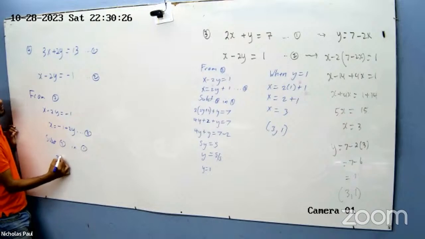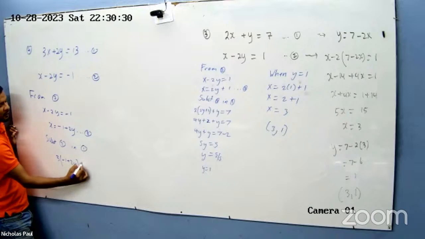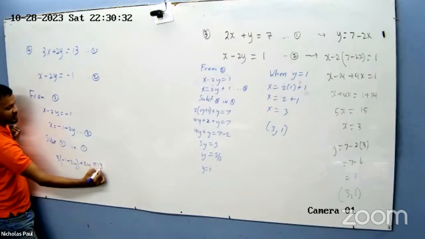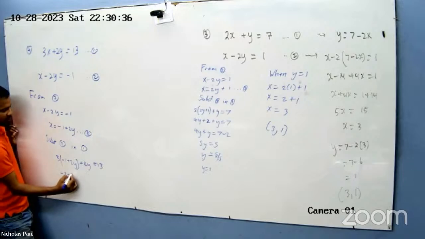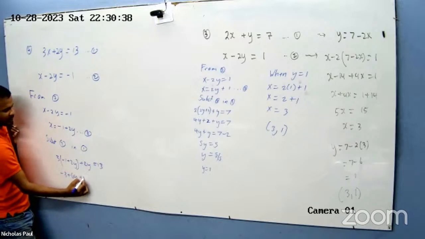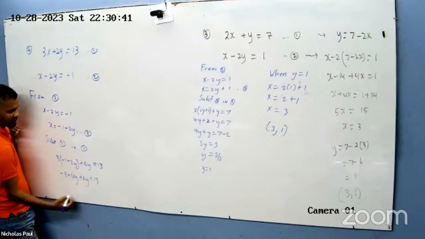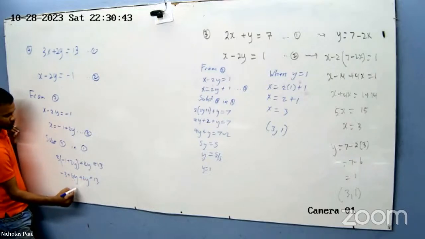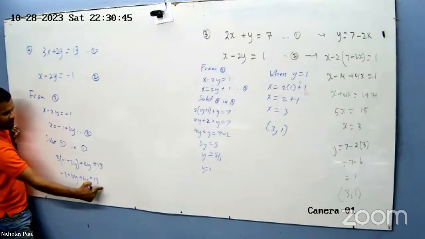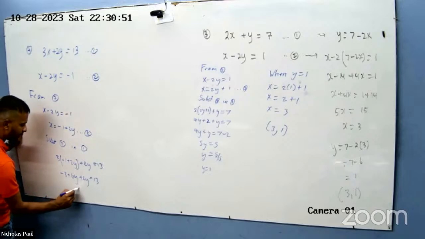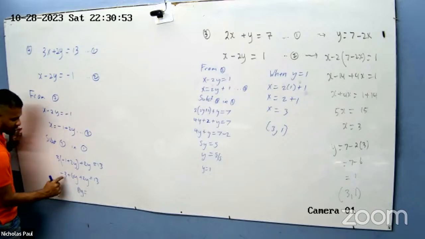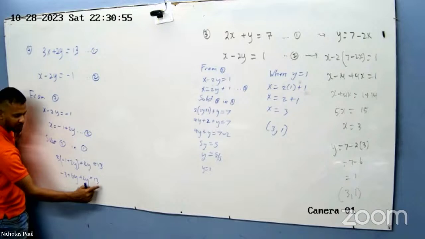So you'll get 3 by x. x is minus 1 plus 2y. Plus 2y is 13. Multiply this out, you'll get minus 3 plus 6y plus 2y is 13. 6y plus 2y, carry across the minus 3 here, right? So that'll be 8y is equal to 16, since carrying across minus 3 becomes plus 3.